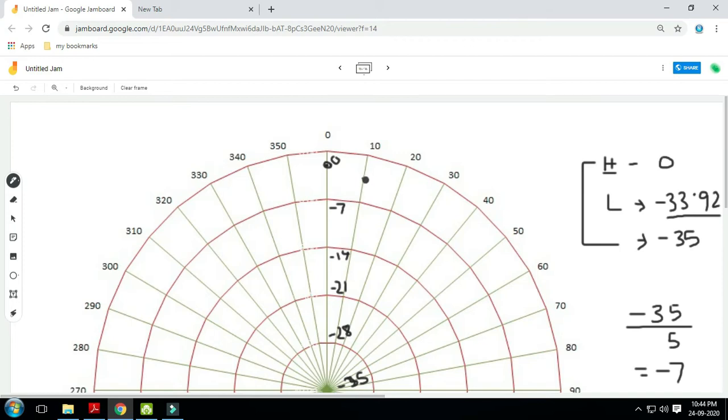So 2.27 is between 0 and minus 3.5, so somewhere like this. You don't have to be exactly at the point. You can make some assumption and put it accordingly. It will serve the purpose for this graph.